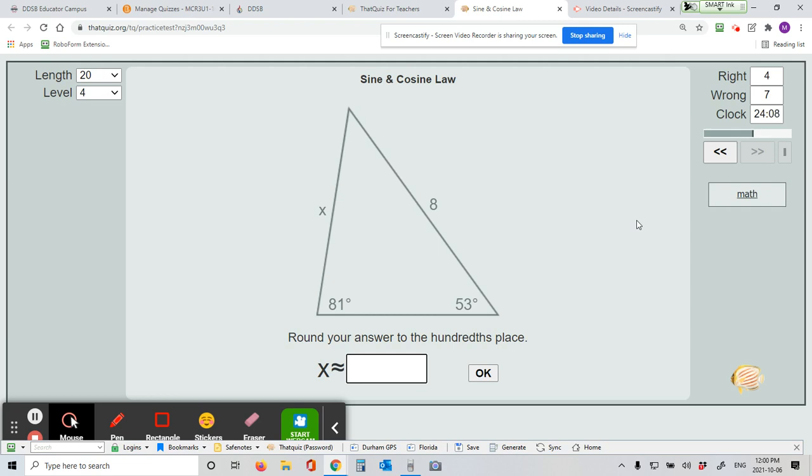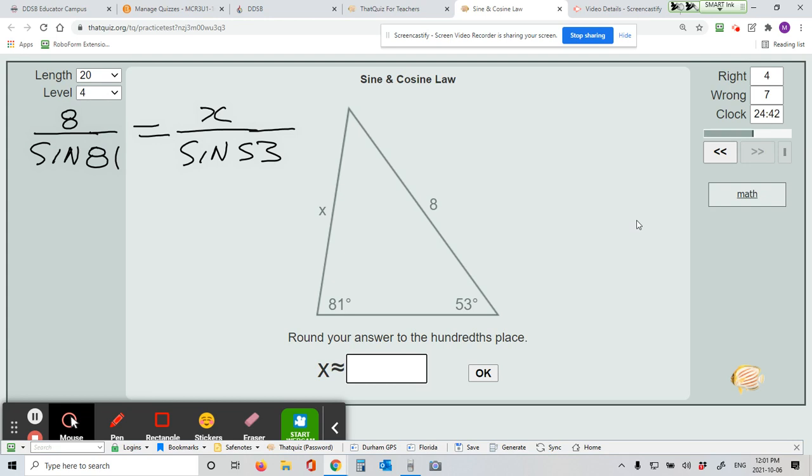So here we go. We're going to put the 8 over the sine of 81. The 8 goes on top, sine of 81 goes at the bottom. Is equal to the side that we don't know, which we're going to call x, over the sine of the angle opposite to it, which is 53. Okay?